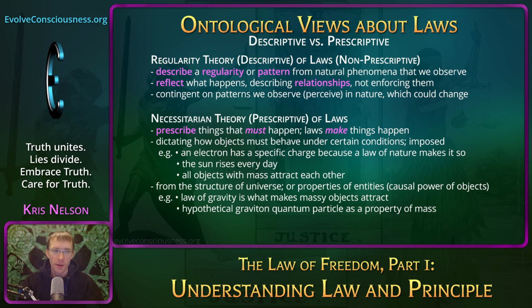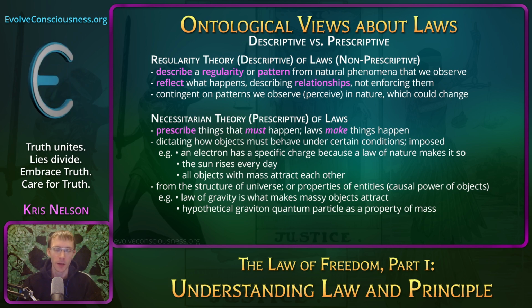So the regularity theory states that laws describe a regularity or pattern from natural phenomena that we observe. They reflect what happens, describing relationships, but not enforcing them. They're contingent on patterns we observe, that we perceive in nature, which could change.